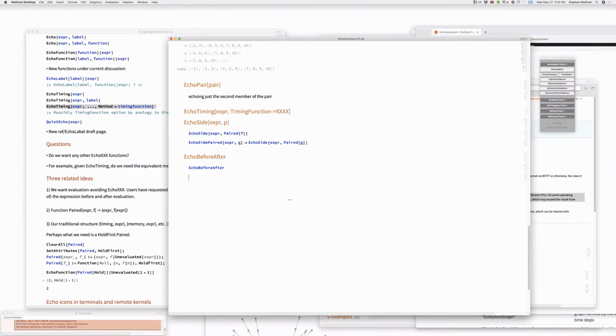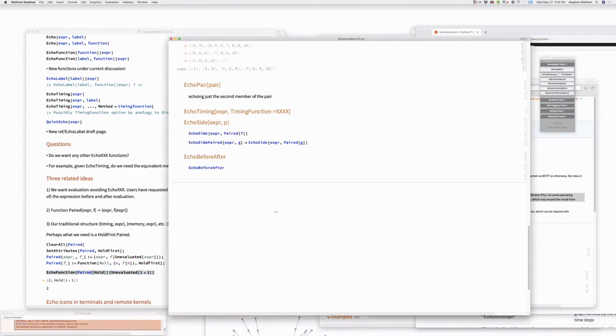Right. This horrifying thing here. Yeah, I mean, that's pretty horrifying. The operator form of paired would have to return a pure function, right? Yes. I suppose, yes. Oh boy.